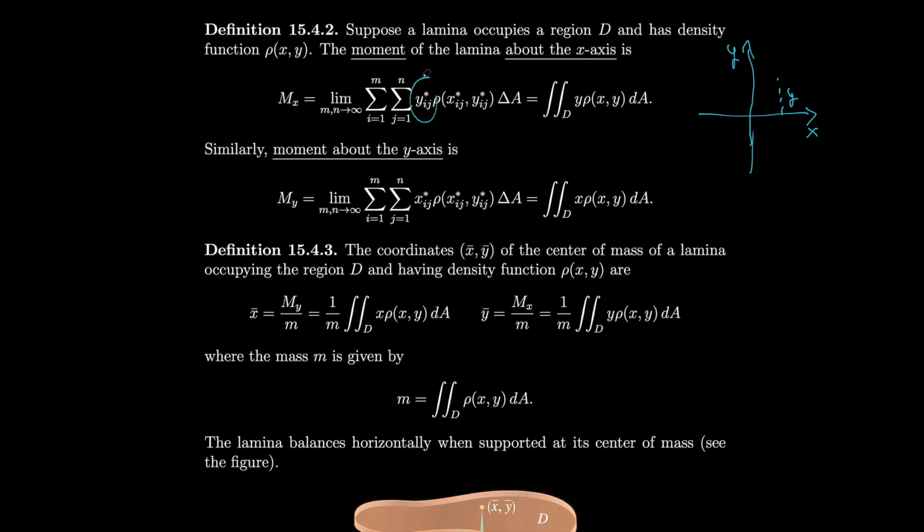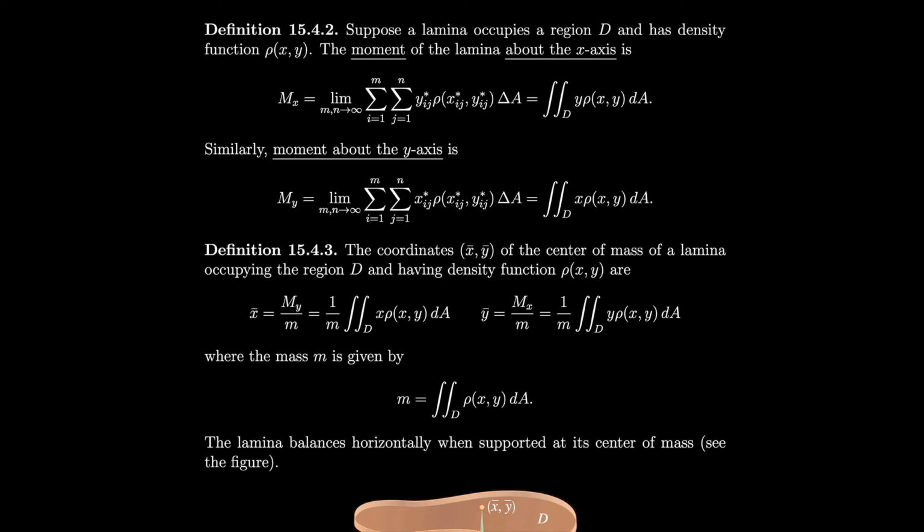So we multiply our density function by y. Similarly, if we want the moment about the y-axis, then we need the distance from the y-axis, which is some x value. So we multiply by x, and when we take the double Riemann sum, all of our sample points just become x and y values.